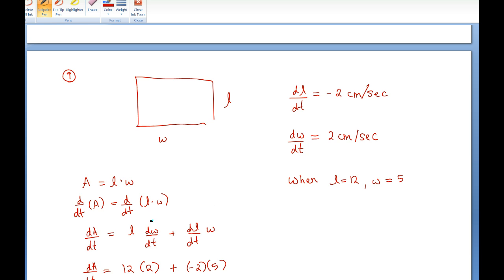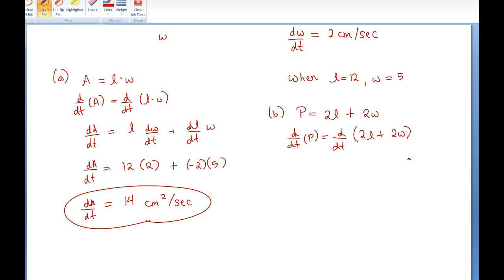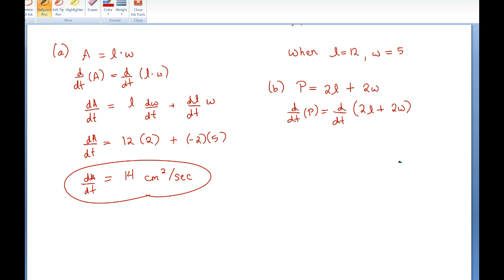Now, that was all part A, right? Yeah. So now for part B, we want to do the perimeter. What's the perimeter formula? 2L plus 2W, it doesn't matter the order. When I do the derivative, this one's actually easier because you don't have to do the product rule or anything. How do we treat the 2's? Those are just coefficients, so they just get multiplied to the derivative.